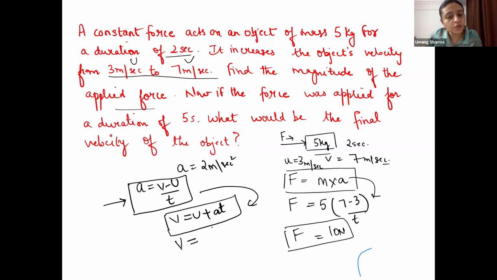Lavanya, you have calculated this one? Okay. So you can see this is how you have to calculate. 3 plus 10 and you will get 13 meters per second. Like this.